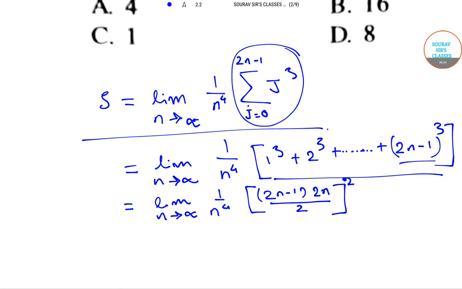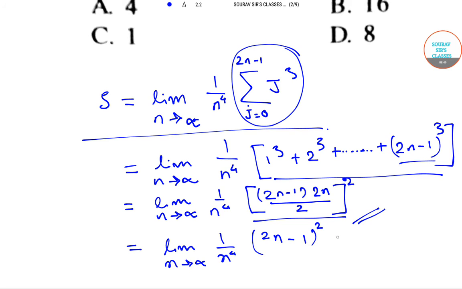Now in the next step, the limit part will be the same obviously, and 1 by n to the power 4. For this part we can write it this way: (2n minus 1) whole square, into 2n square, we are just splitting it, and below that is 4, that is 2 square.